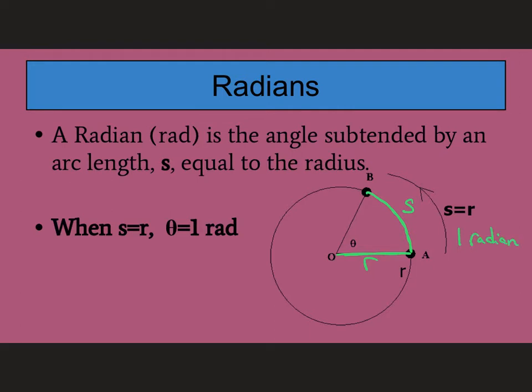In any circle, as r gets larger, the length of that arc obviously has to get larger, and so the value of the radian remains constant. And so with any full circle, we have exactly 2 pi radians.